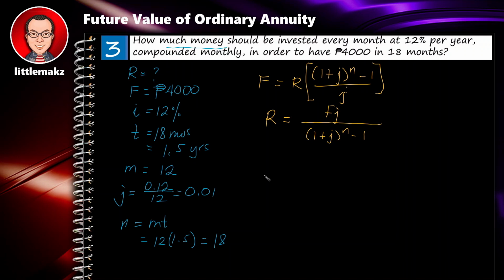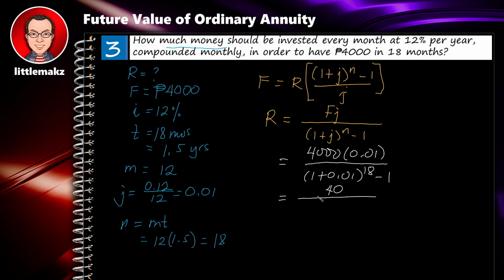And so by substituting our given, our F is 4,000 to be multiplied by 0.01, and we have here 1 plus J, or that is simply 1 plus 0.01 raised to the 18th power minus 1. Or we could just simply have 4,000 times 0.01 as 40, and the denominator would simply be 1.01 raised to the 18th power minus 1.